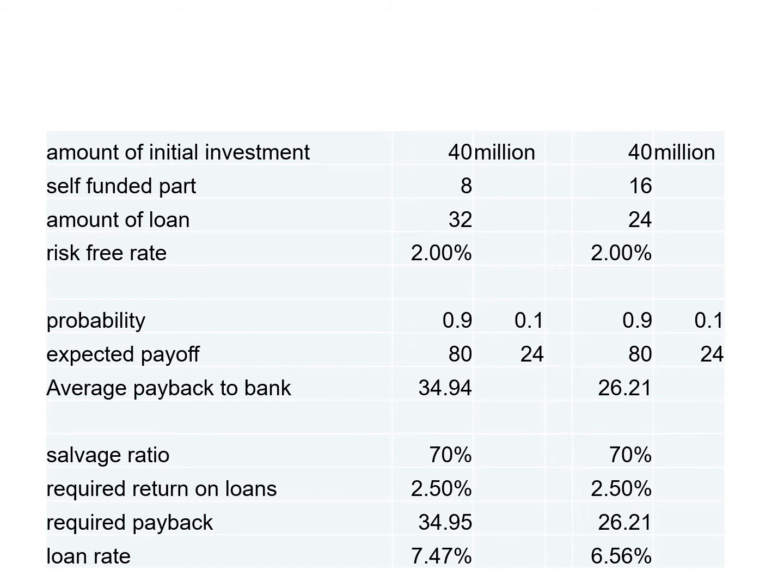We change the loan rate so that average payoff to the bank is equal to the required payback to the bank. This means the required payback is equal to the average. That's how we get the loan rate. And we can see when the self-funded part is more, the loan rate is lower.